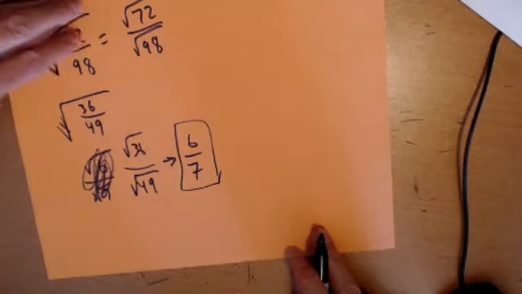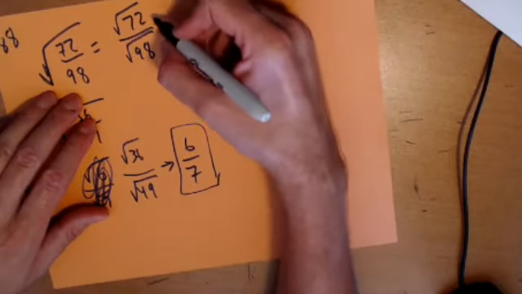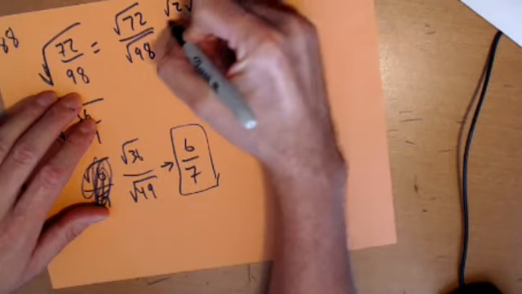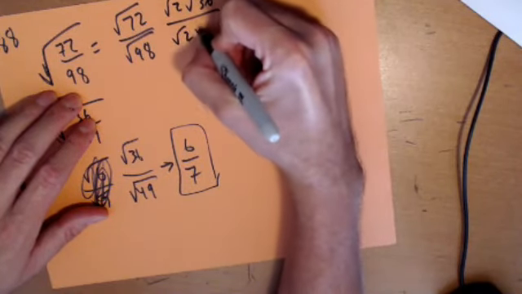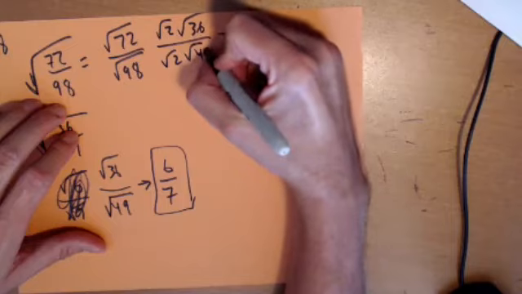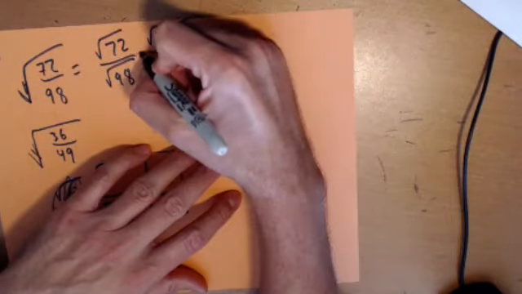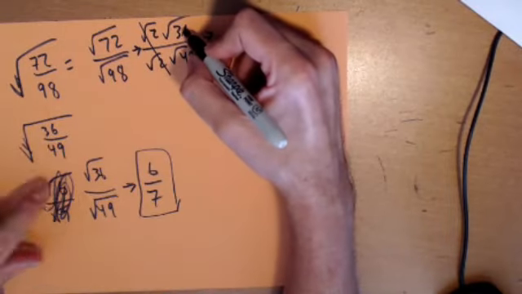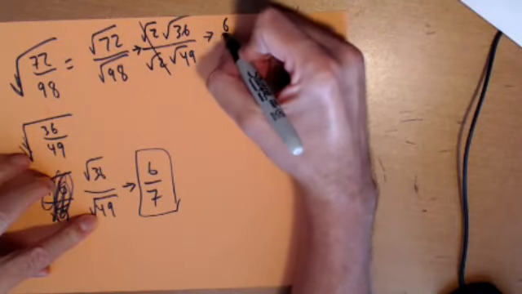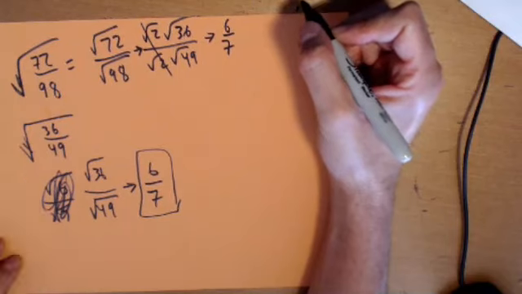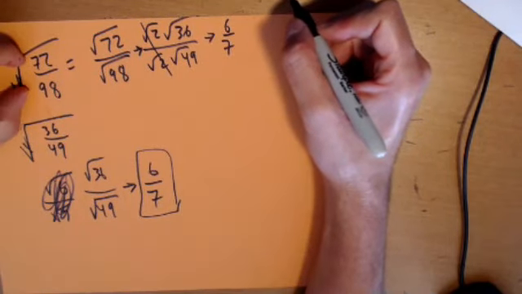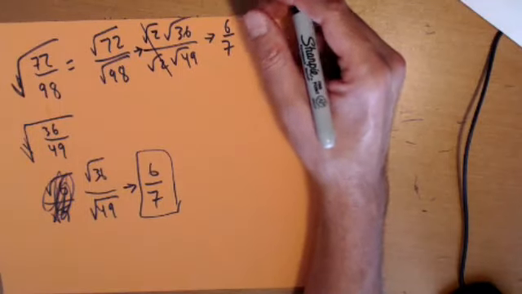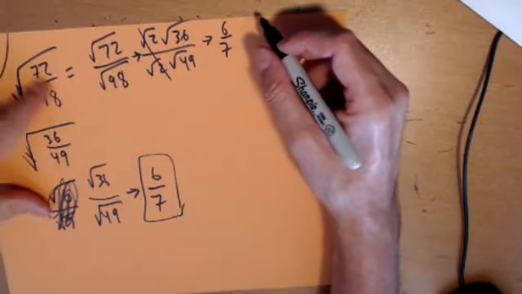So had I kept going this way, this would give me the square root of 2 times the square root of 36, over the square root of 2 times the square root of 49, which gives us, see, the root 2's cancel each other. Square root of 36 over 49 is what we had over here. 6 over 7. So all roads lead to Rome. So the question is, do you break it apart early, or do you reduce and then break it apart? Usually you reduce and then break it apart.